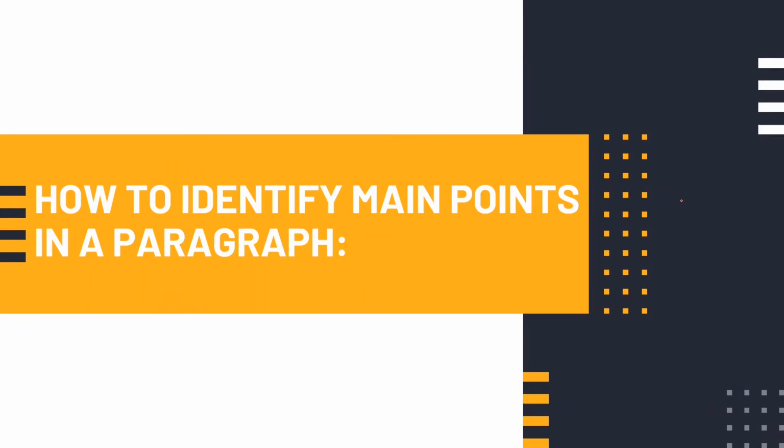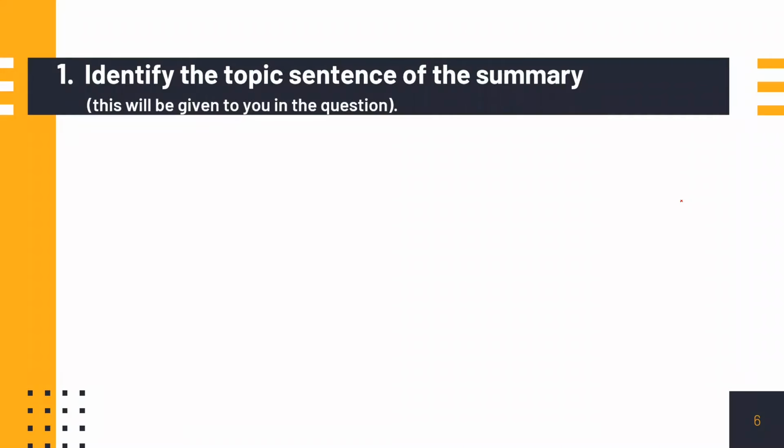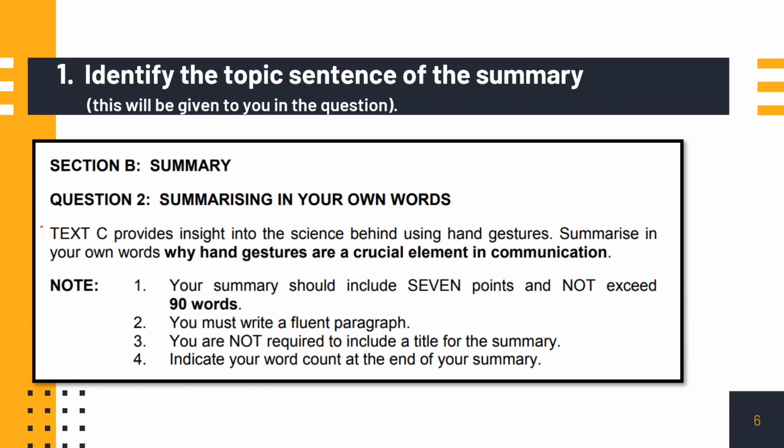Now we'll look at how to identify main points in a paragraph. Step 1. Identify the topic sentence of the summary. This will be given to you in the question. Let's refer back to the example we used previously. We are going to try and identify the topic sentence.